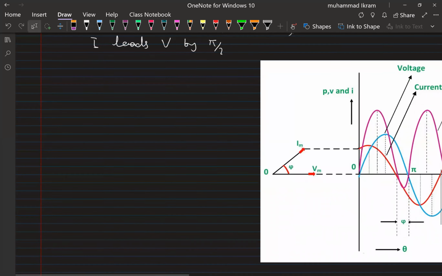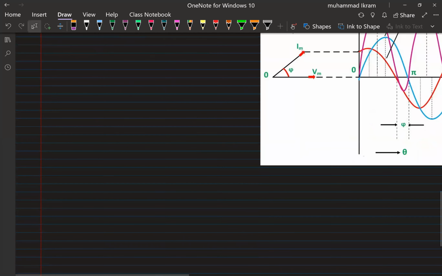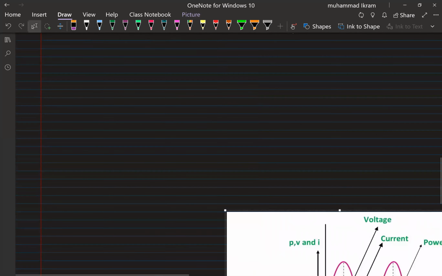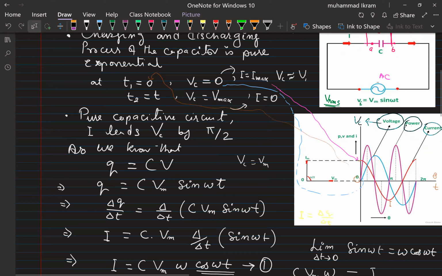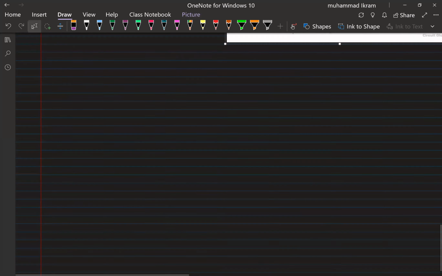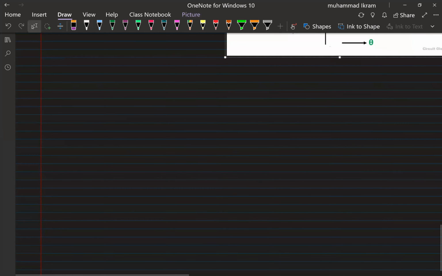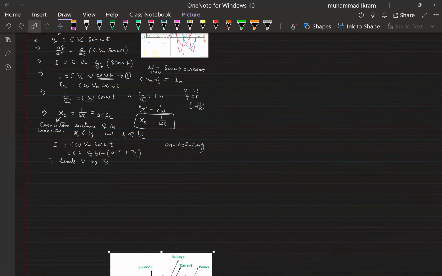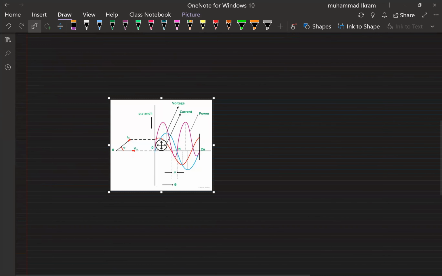The next one is the power loss of the... let me look for a kind of diagram. Where is the diagram?